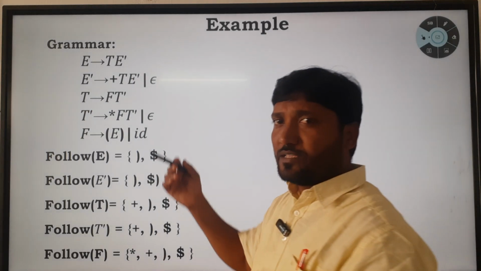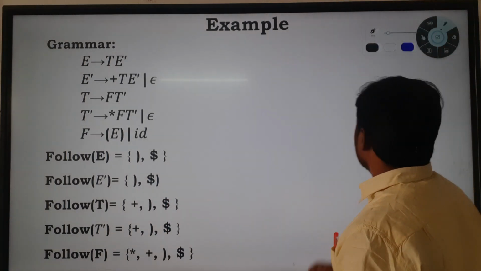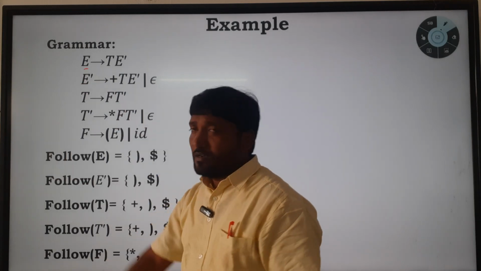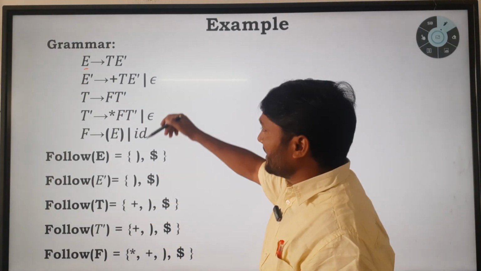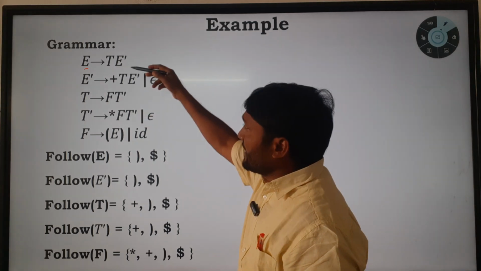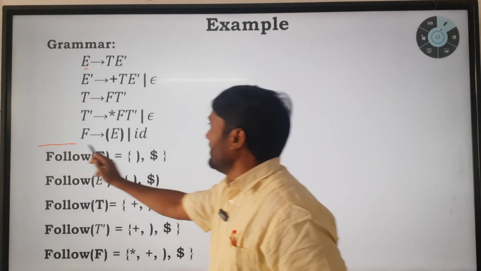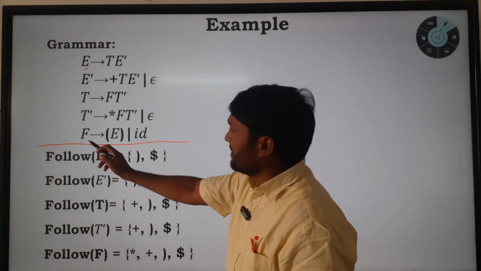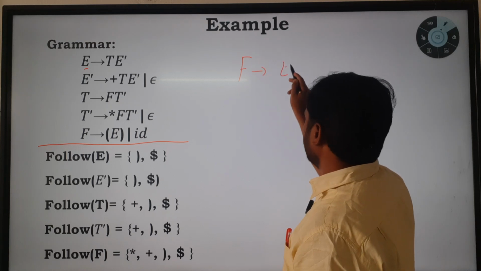Now we are going to apply those three rules in this context free grammar. While calculating the follow function, take this one, follow of E. We are going to check where the capital E is on the right hand side. In this grammar, there is a capital E in F derives (E).